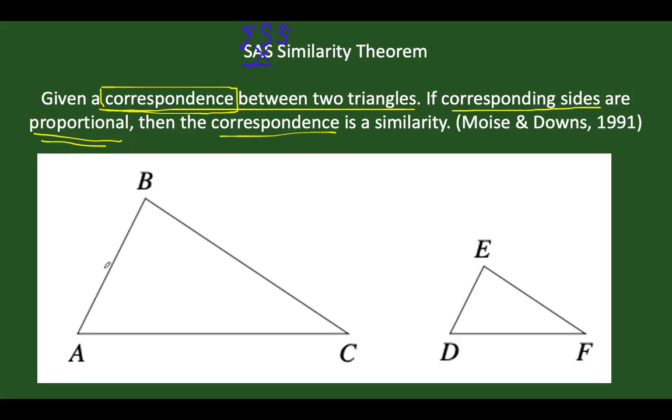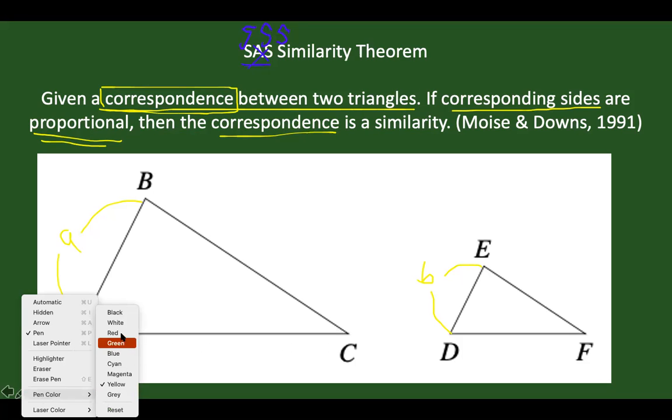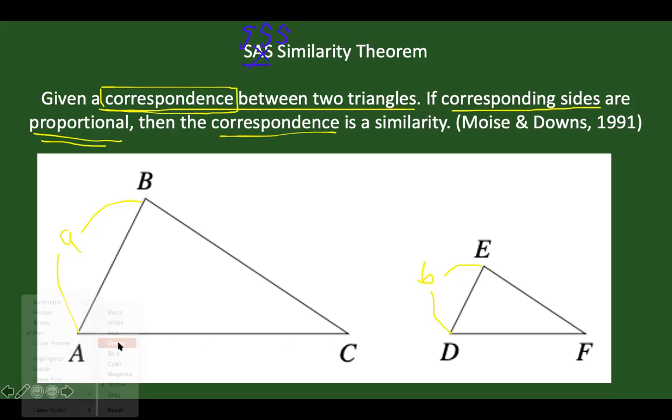So here, let's identify that, let's say AB corresponds to DE or ED. Okay, let's say this is A and this is B. And let's use another color of pen. Let's say green.